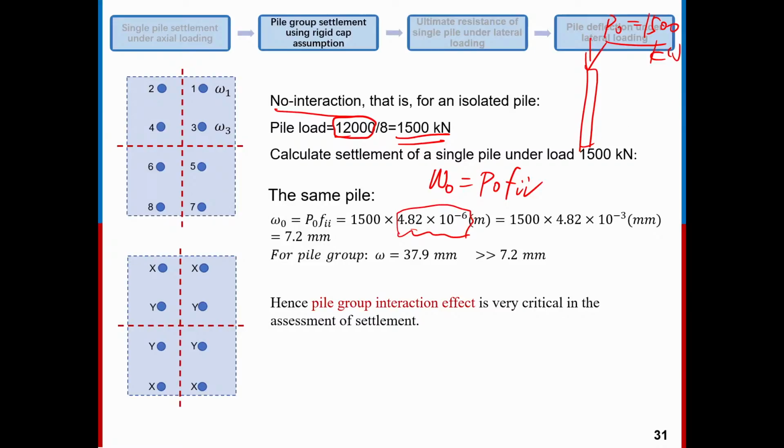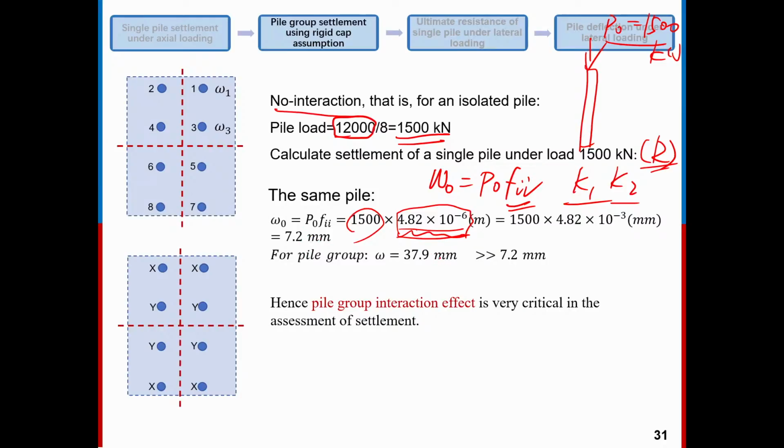Fii will not change, no matter whether it is a pile group condition or a single pile condition, okay? No change. Because for calculating Fii, we just use K1 and K2, right? It has nothing to do with this R value, okay? So Fii, we got it already here. Put it here, and P0, you can see. So P0 Fii, the result is only 7.2 millimeter, okay?